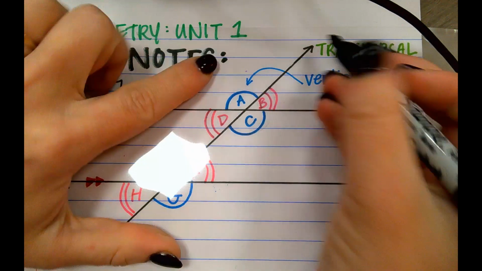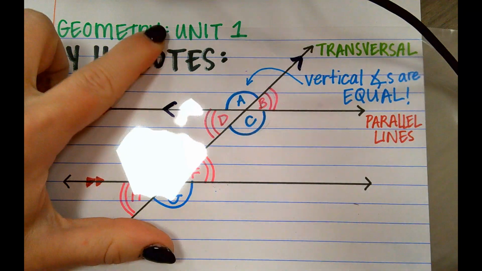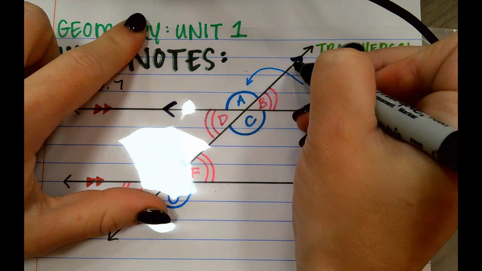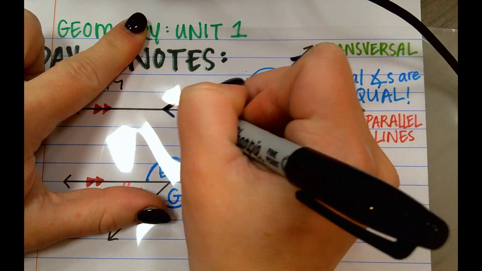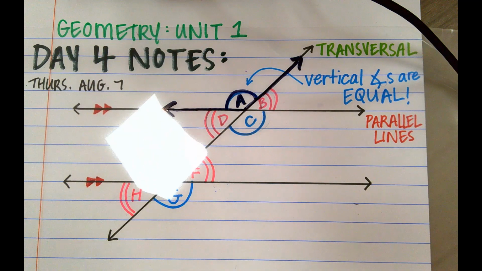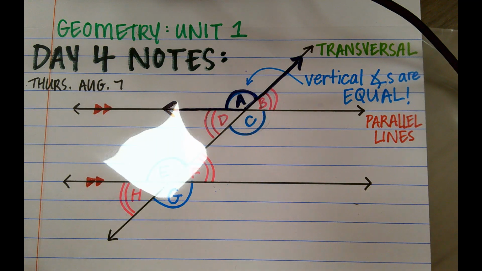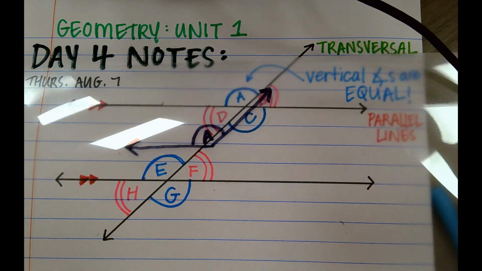So I'm going to trace over angle A. I'm going to do these here and draw that. Draw that. Here is my angle A. So I'm going to take angle A and just shift it down.